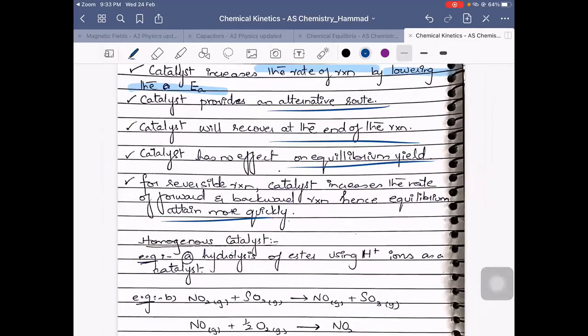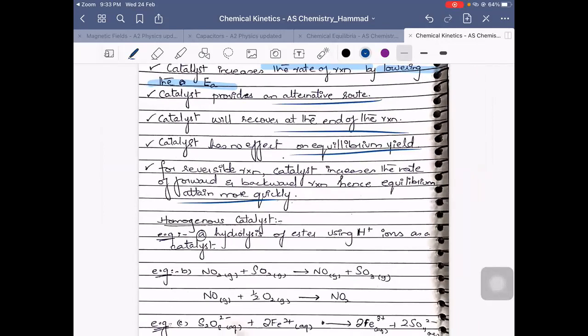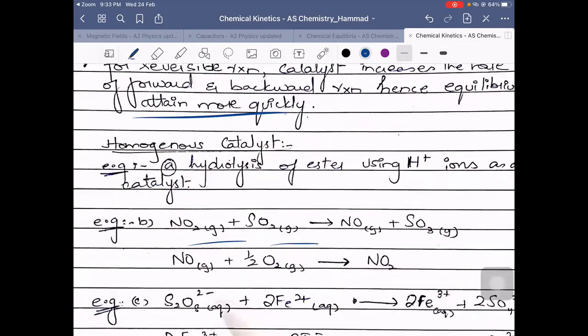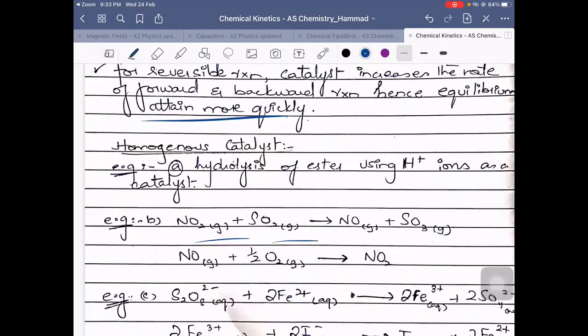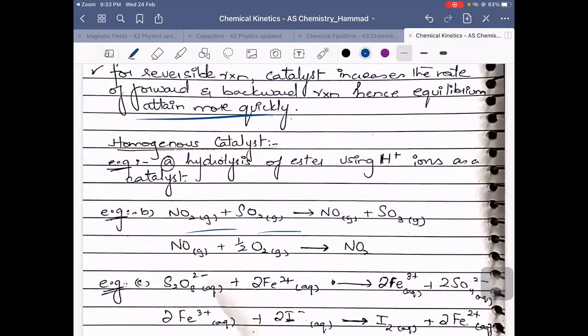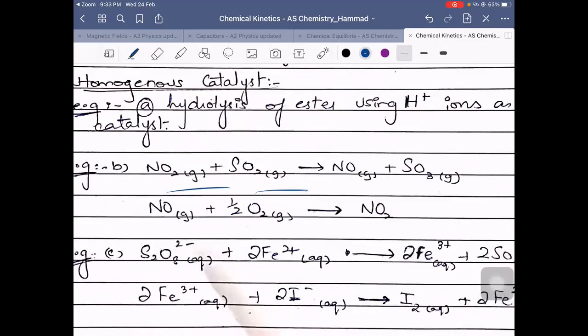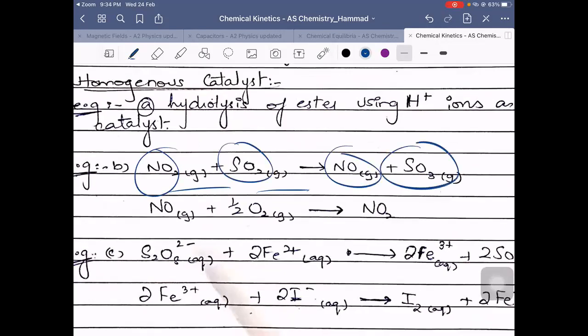Homogeneous catalysts are catalysts which will exist in the same physical state as your reactants. For example, I have gaseous reactants and let's say my catalyst is also gaseous, right? Let's say you are provided with this equation, NO2 reacted with SO2 to give you NO and SO3, right?